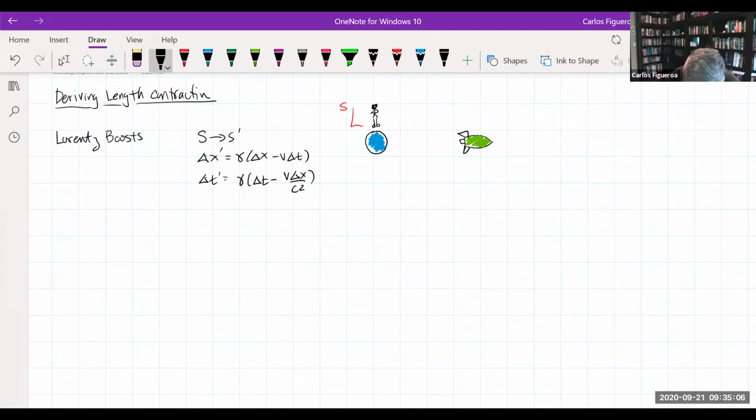And so when I think about this other observer, we consider that frame to be the S prime frame. And what we know about this S prime frame is that it's moving relative to the S observer here.